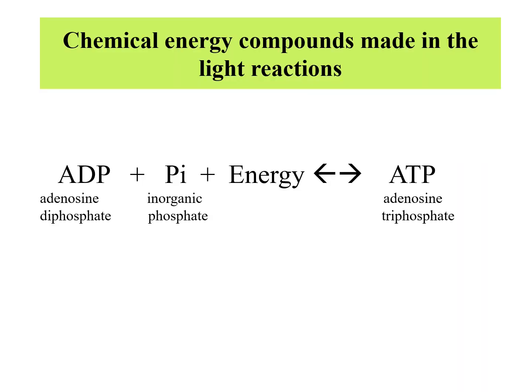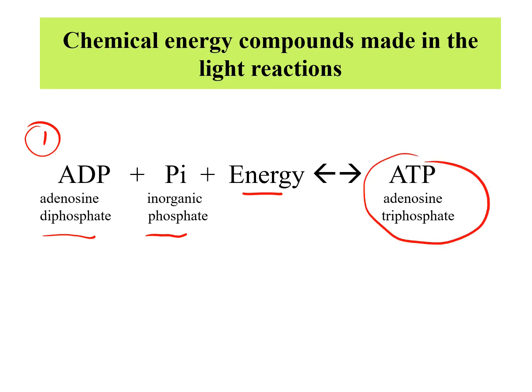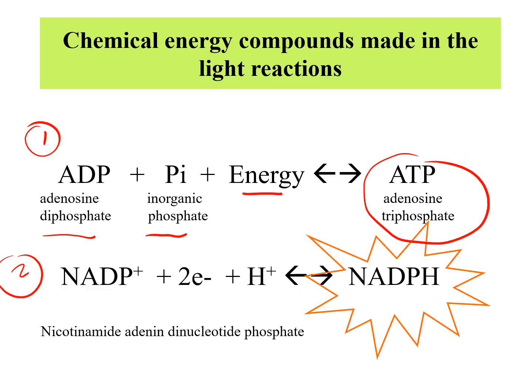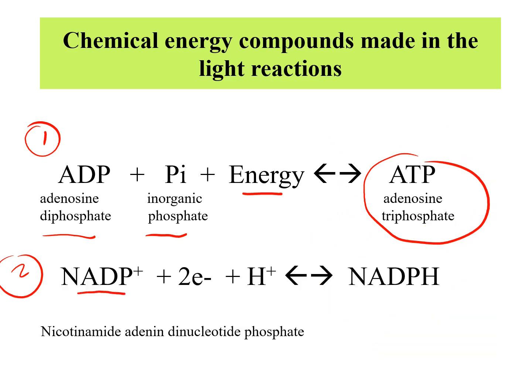So first one, you take the ADP and the inorganic phosphate, and as you have energy from the light, from the solar energy, you're able to produce ATP. The second chemical energy compound is NADPH, where you take the NADP plus and you add 2 electrons plus this proton and you produce this NADPH, which has this very long name.